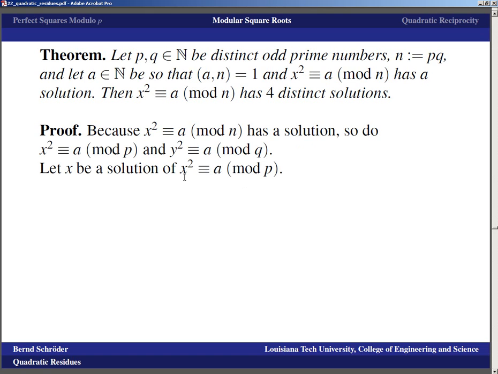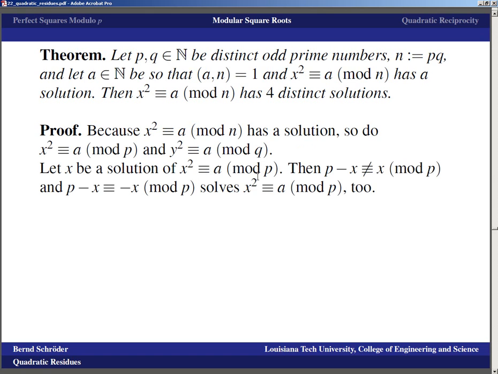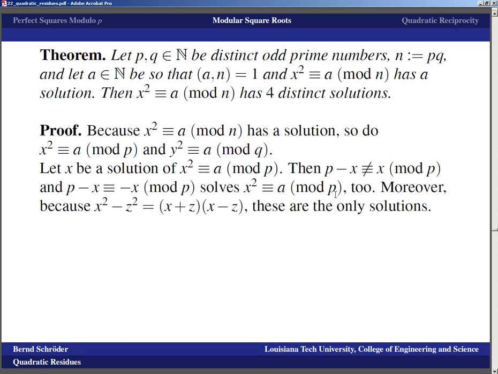If x is a solution of x squared equivalent to a modulo p, then p minus x, which is not equal to x modulo p, first of all, it's not equivalent to x modulo p because it's got to have 2 solutions, and this negative x solves x squared equivalent to a modulo p also, so p minus x is essentially the second solution there.